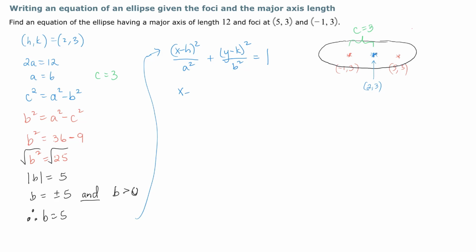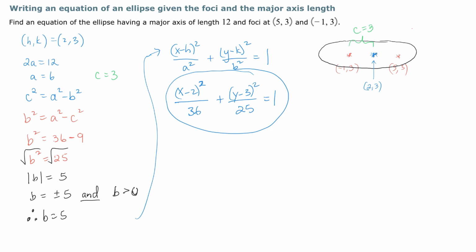So x minus 2 quantity squared over a squared, which is 36, plus y minus 3 quantity squared over b squared. Where's b? We got 5, so it's 25, is equal to 1. And there you go. You got the standard form of this ellipse.